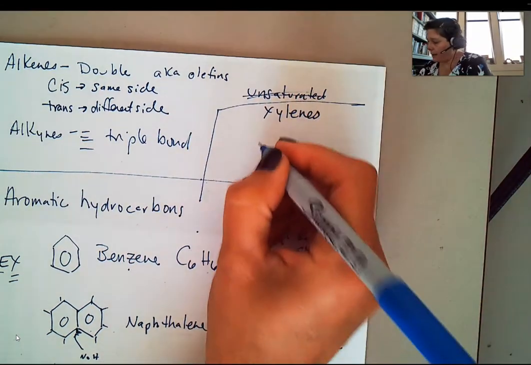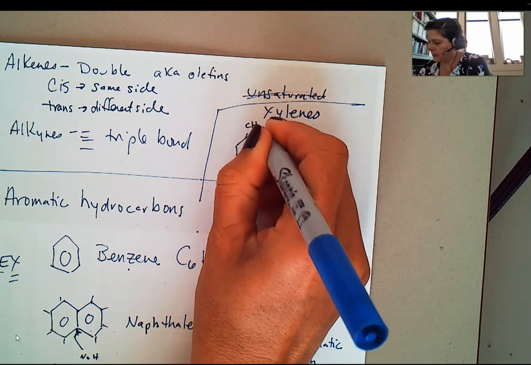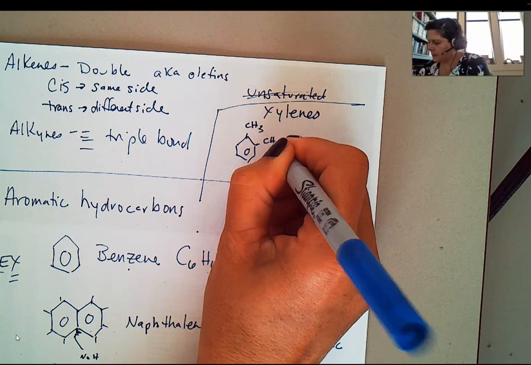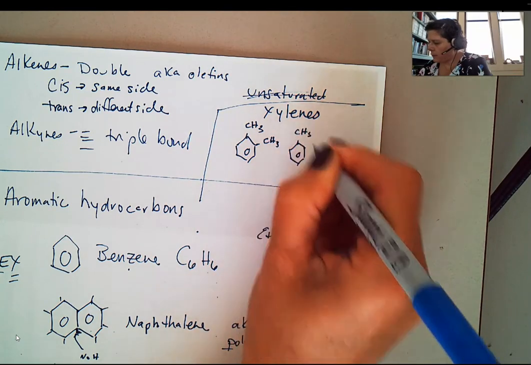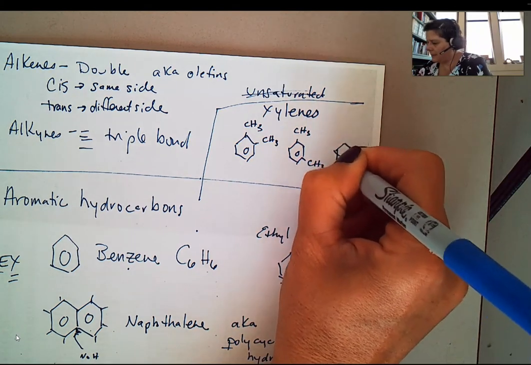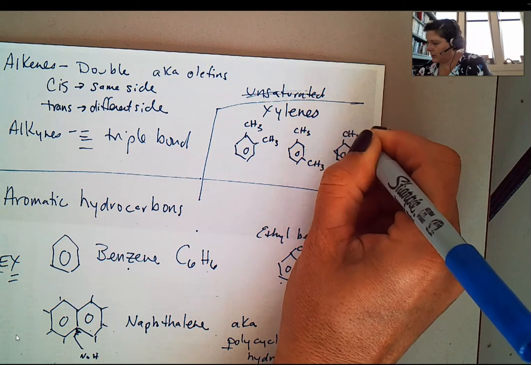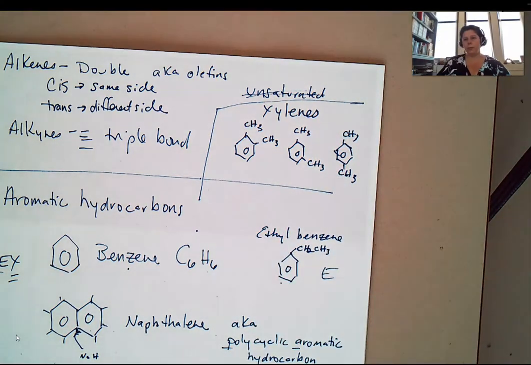Xylenes, because if I draw this, there are 3 different xylenes. So xylene is basically a benzene with 2 methyl groups stuck to it.